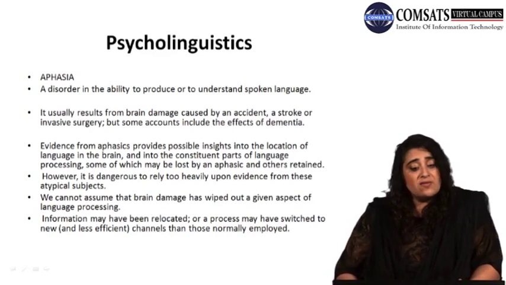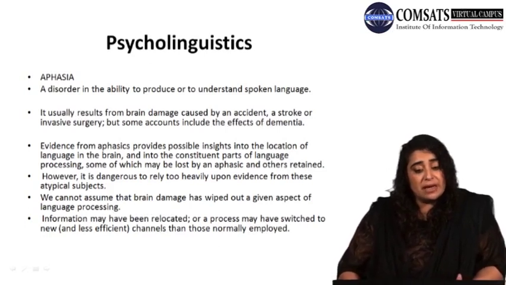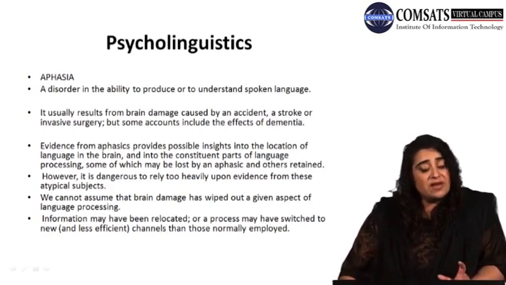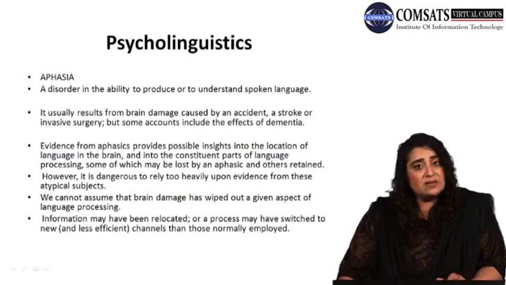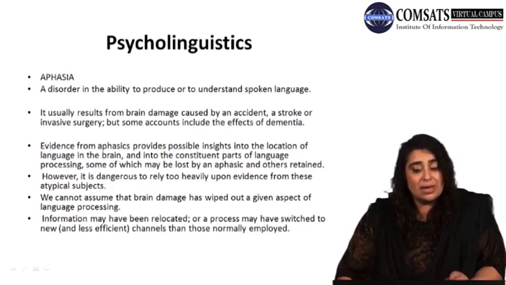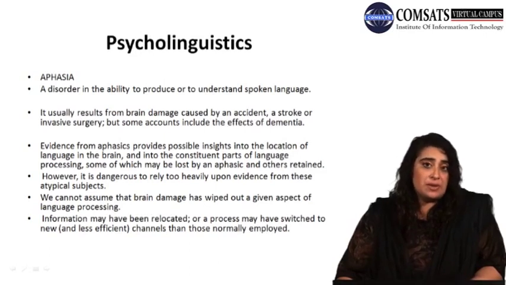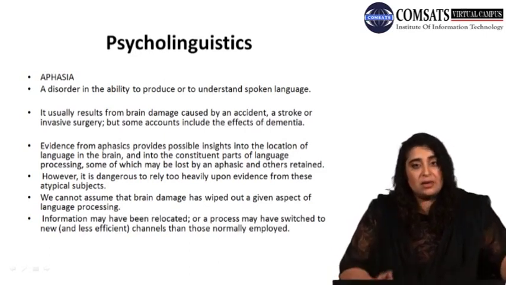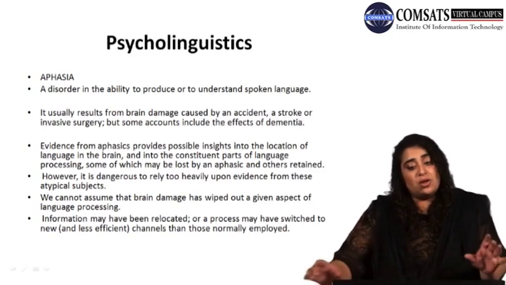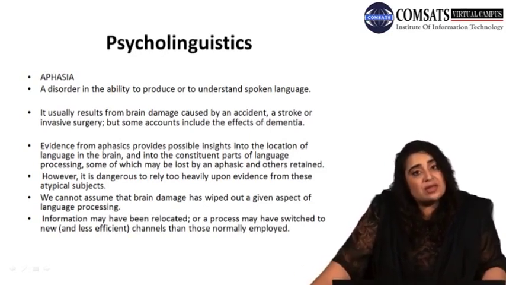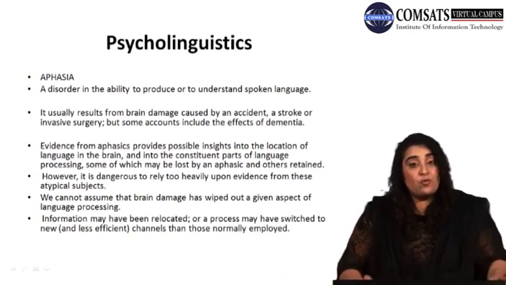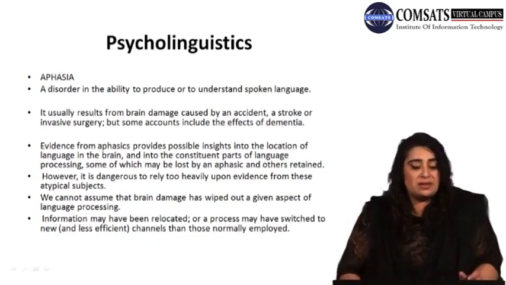So evidence from aphasics provides possible insights into the location of language in the brain. So how do you see that this is aphasia? It provides possible insights into where language is located in the brain, and into the constituent parts of language processing, and from where your brain is processing the language.